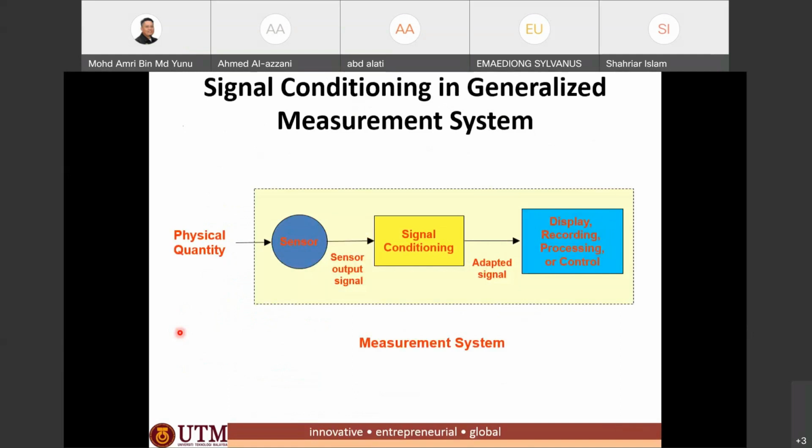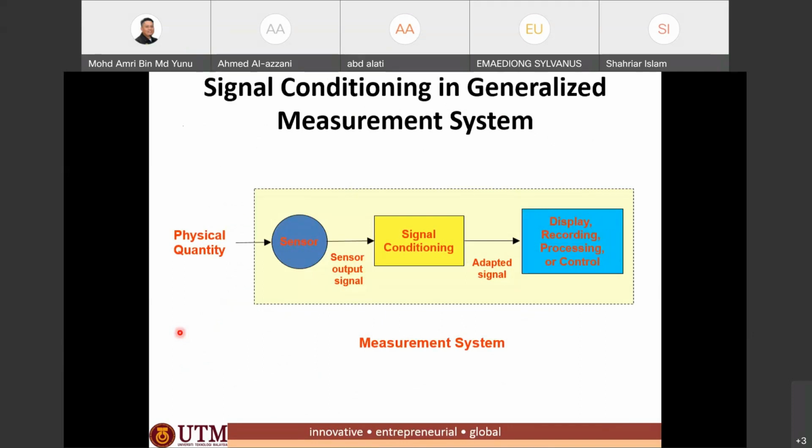As I mentioned in the first lesson, in the introduction, a sensor is a device that converts physical energy into electrical energy.